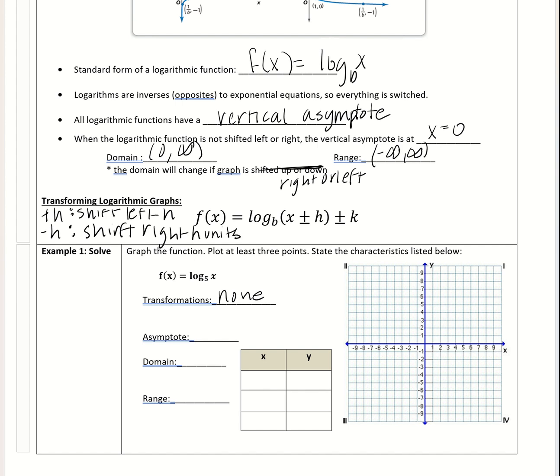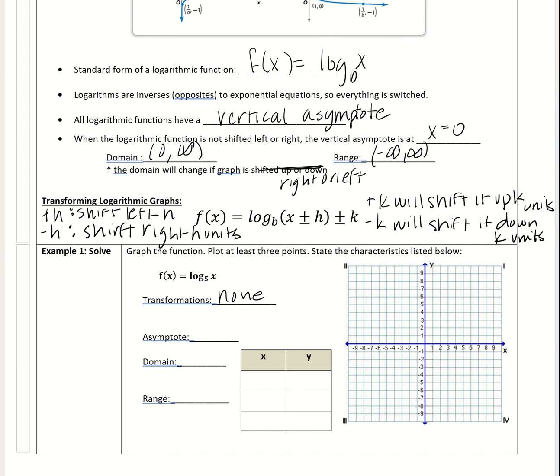And then a positive k will shift it up k units, and a negative k will shift it down k units. Okay, so my bad, I didn't start with that, but this one has no transformation.